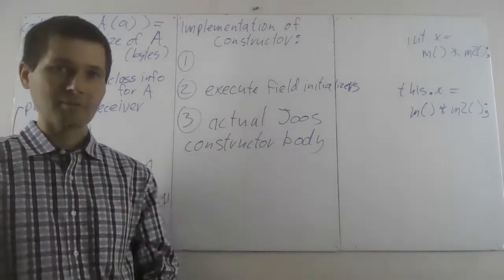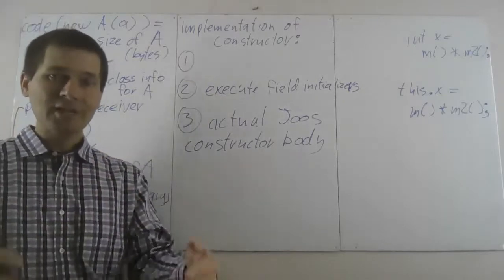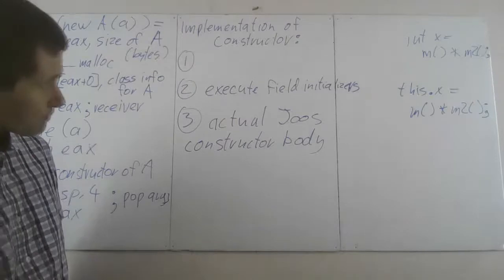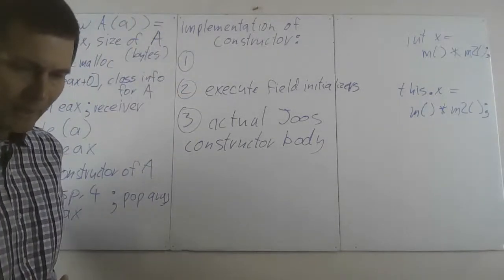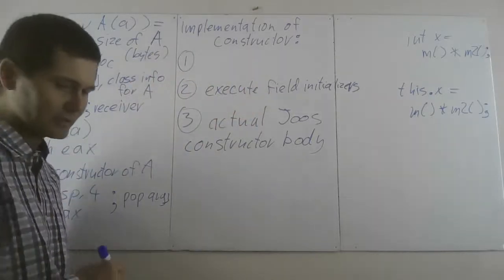The way that Java works is that the field initializers run first, and then the body of the constructor runs afterwards. Okay, and then I'm left with number one. So what do you do before you initialize the fields?